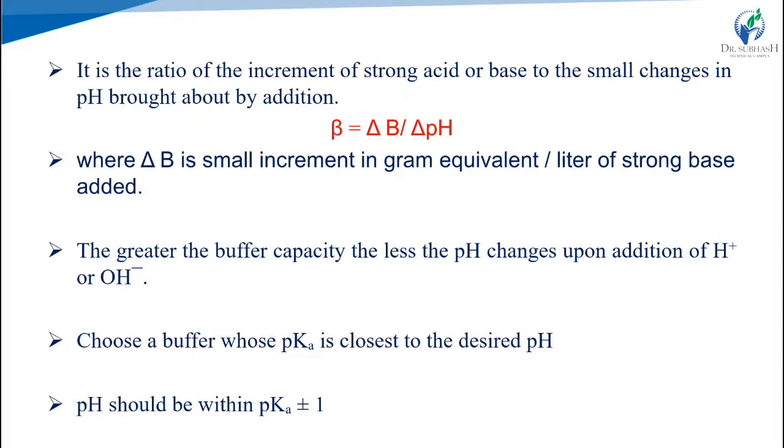That is represented by the equation: buffer capacity equals delta B or delta A upon delta pH.